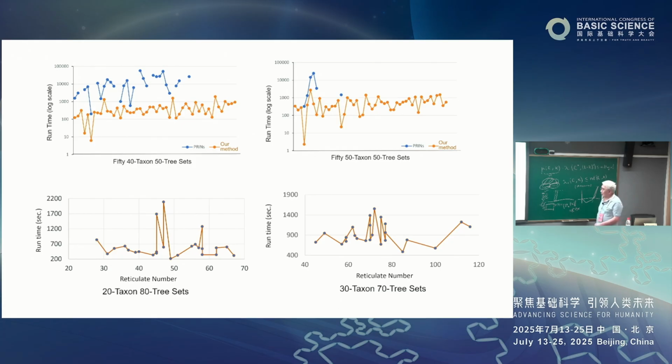For the large data set, this is the time our program used. We cannot run the other two programs on this kind of data set. 70 trees and then this is 80 trees.